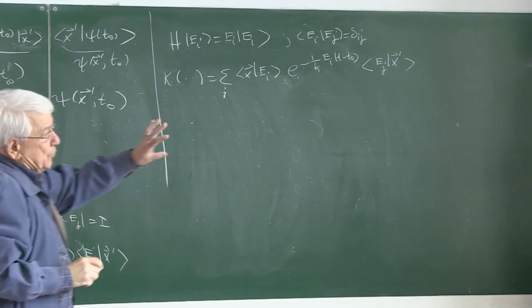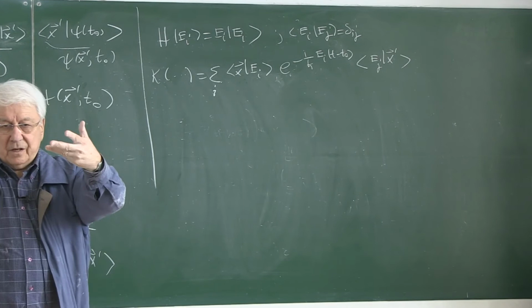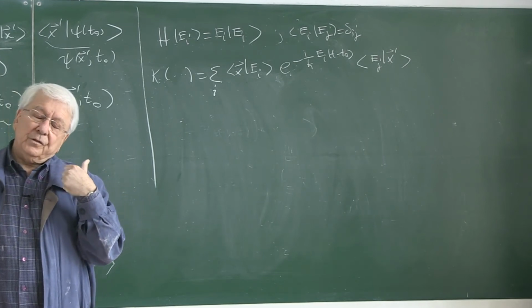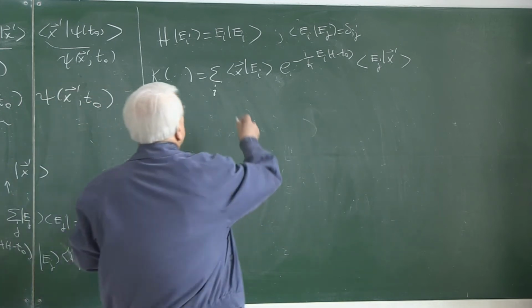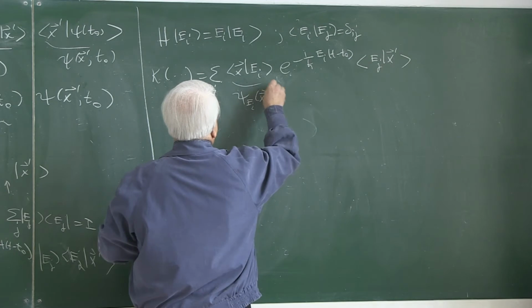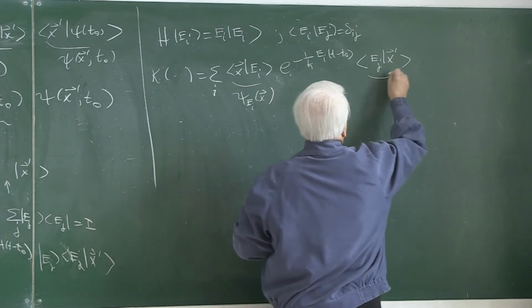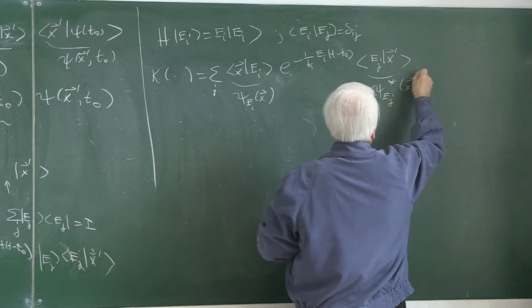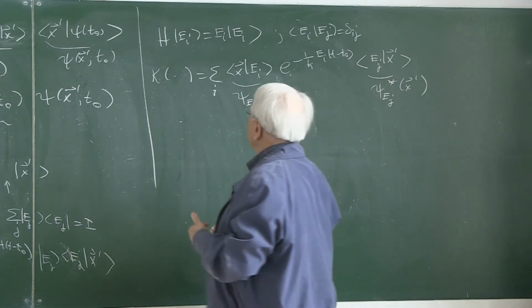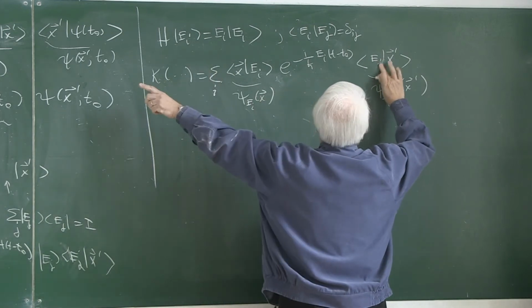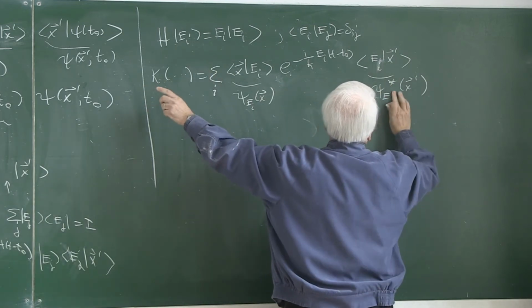Notice that in our convention, energy eigenstates are the states that we have chosen, and we have considered their coordinates in the x basis. So this is psi_{E_i}(x), and this one is psi_{E_i} star of x'. Sorry, I have carried out the summation, so there's a single sum.